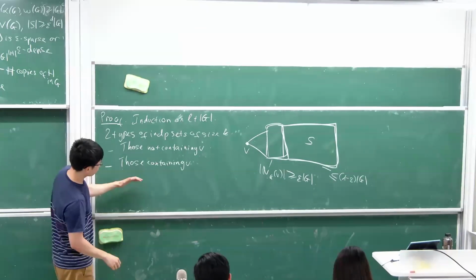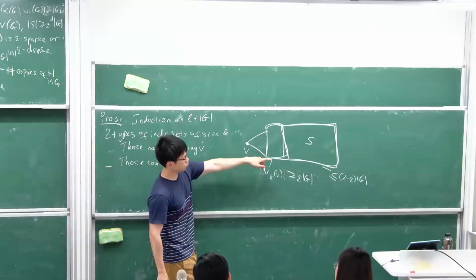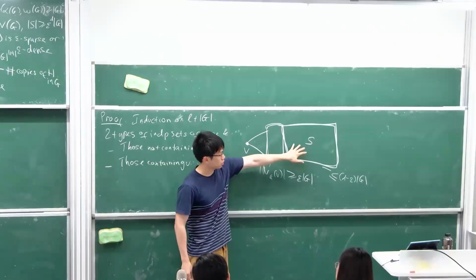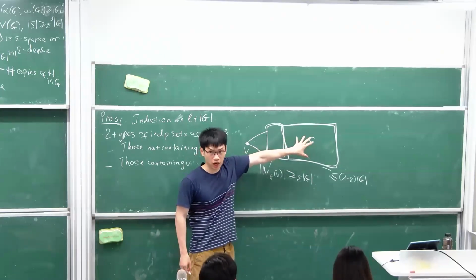The point here is for the second type, you can reduce them to the independent sets living inside S and of size K minus 1.